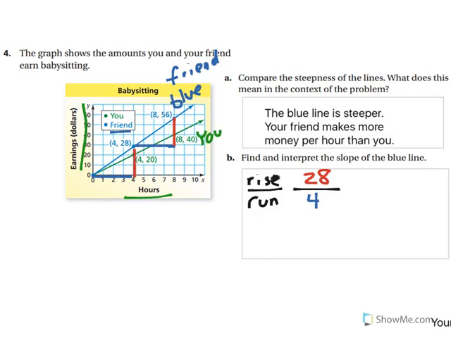So my slope, which is 28 over 4, becomes 7 over 1. And again, the 7, the rise, is the dollars. And the run, the 1, is hours. So what does it mean when we do this? It means your friend makes $7 per hour.